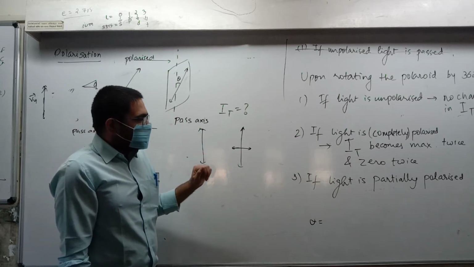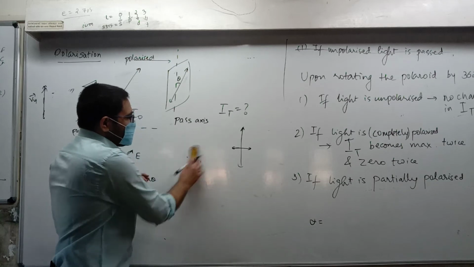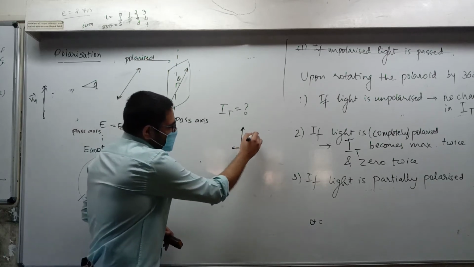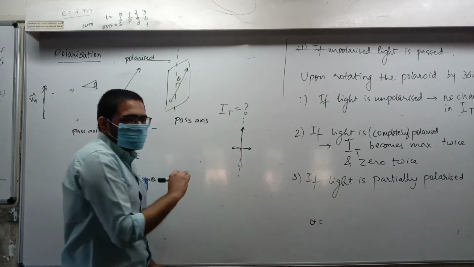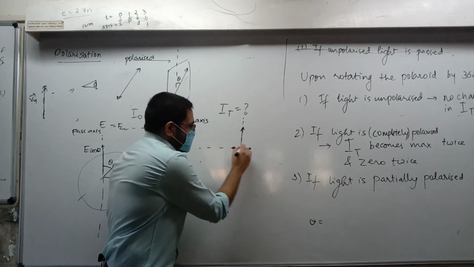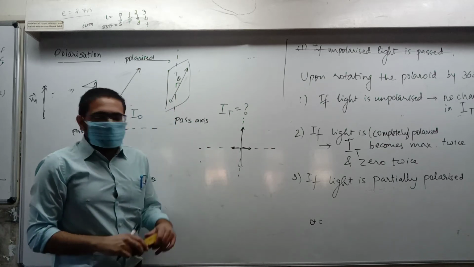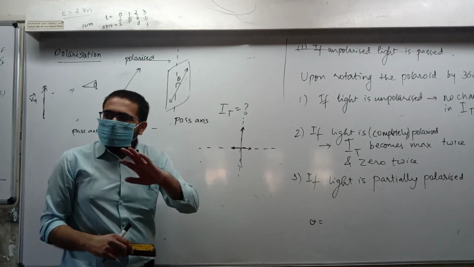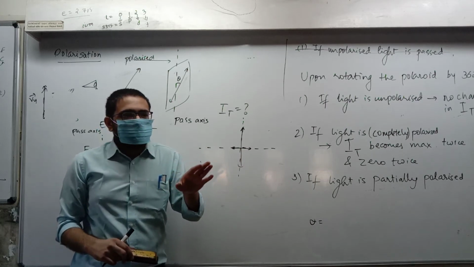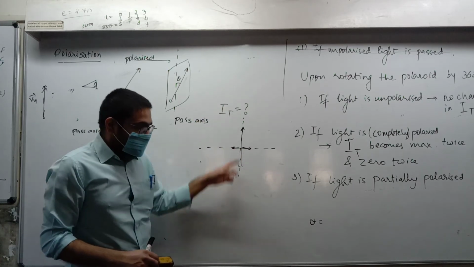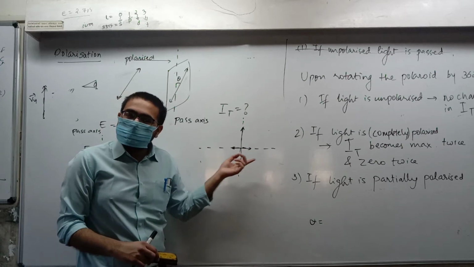Now, will intensity ever become 0? Think about it. Suppose the pass axis is like this. Will intensity be 0? No. Suppose it's like this. Then also will it be 0? No. So in any direction it won't become 0. But yes, there will be a maximum and there will be a minimum.